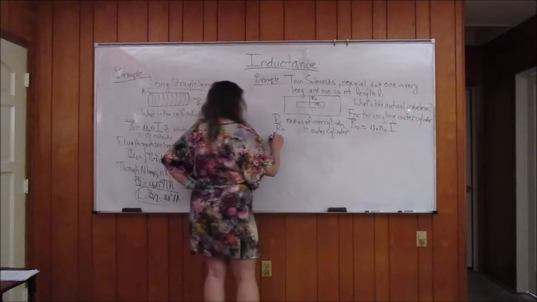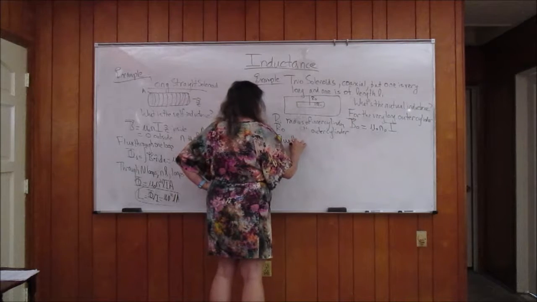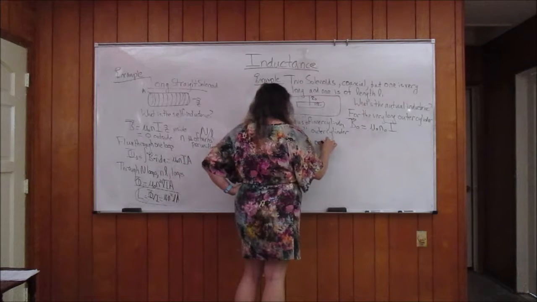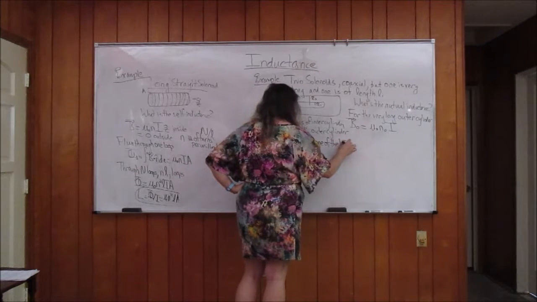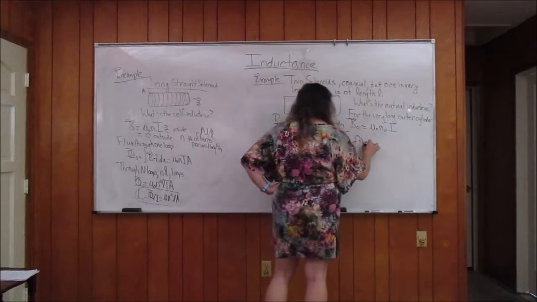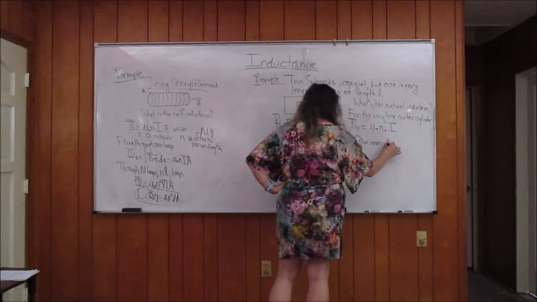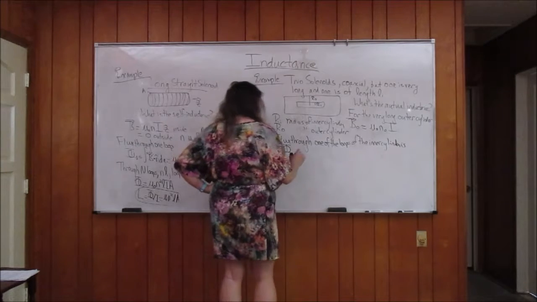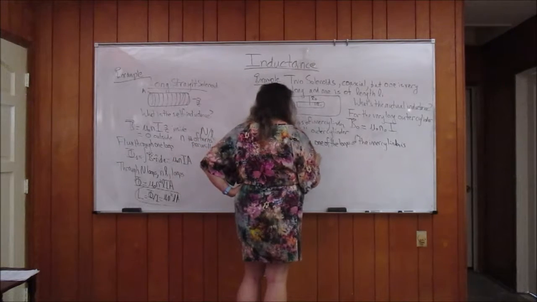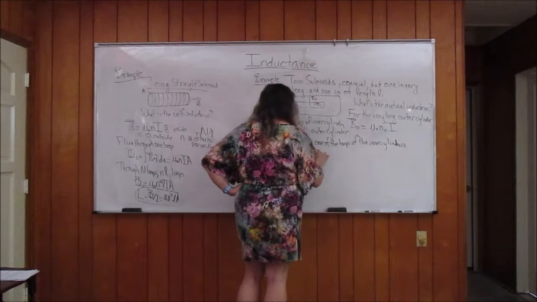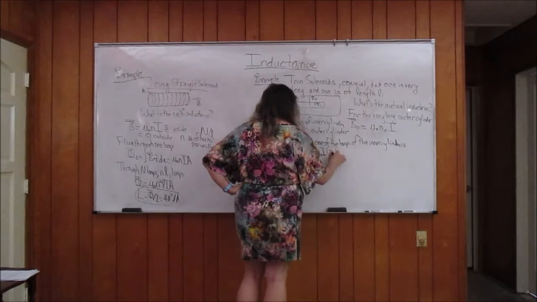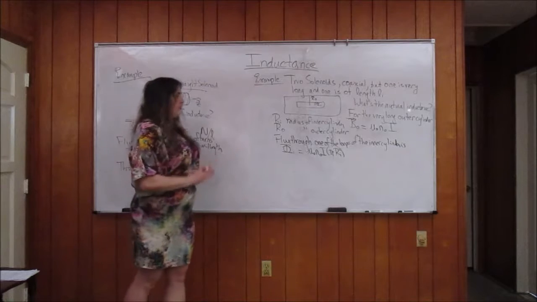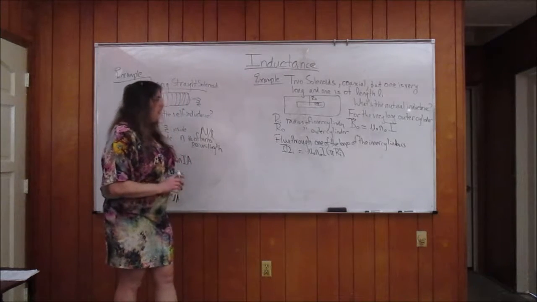Therefore, the flux through one of the loops of the inner cylinder is just mu naught n_o I times the cross-sectional area of the inner cylinder, which is just pi R_i squared.